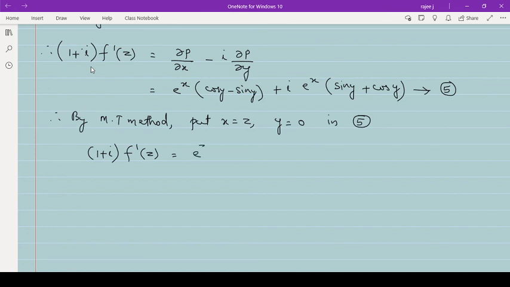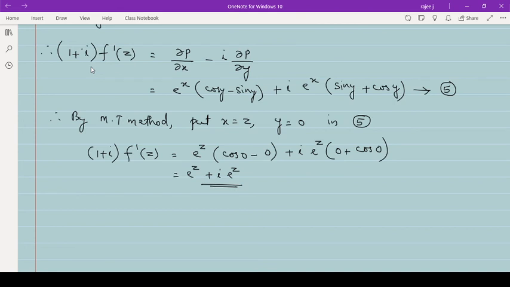So it is e^z into cos 0 minus sin 0, which is 0, plus i into e^z into sin 0, which is 0, plus cos 0, so we can write 1. So e^z into cos 0 is 1, so 1 minus 0 is 1, plus i into e^z into 0 plus 1, which is 1. So 1 into e^z. This is (1 + i) f'(z).